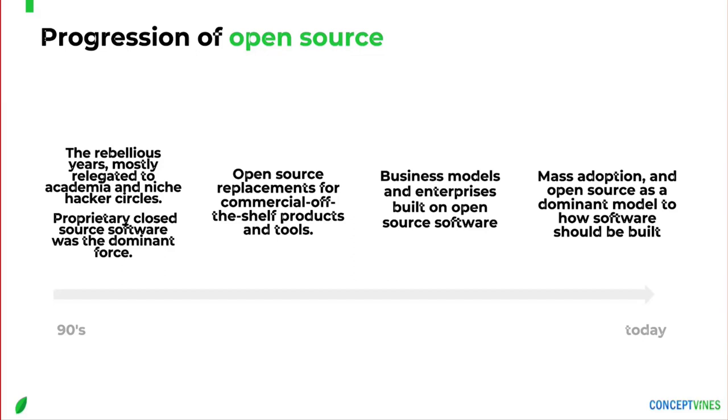But in the early days, it was still very much not for everyone. And it was mostly relegated to smaller groups and almost seen as a rebel outfit in the broader scheme of things.